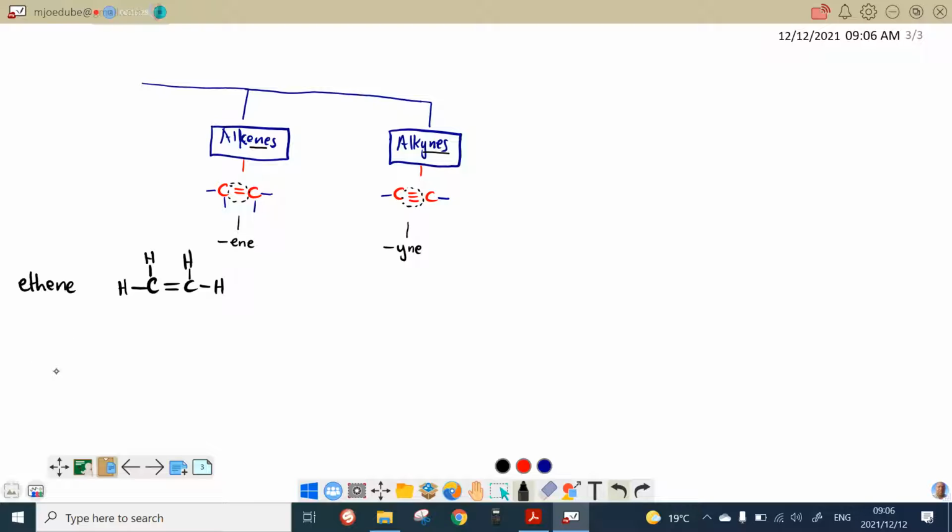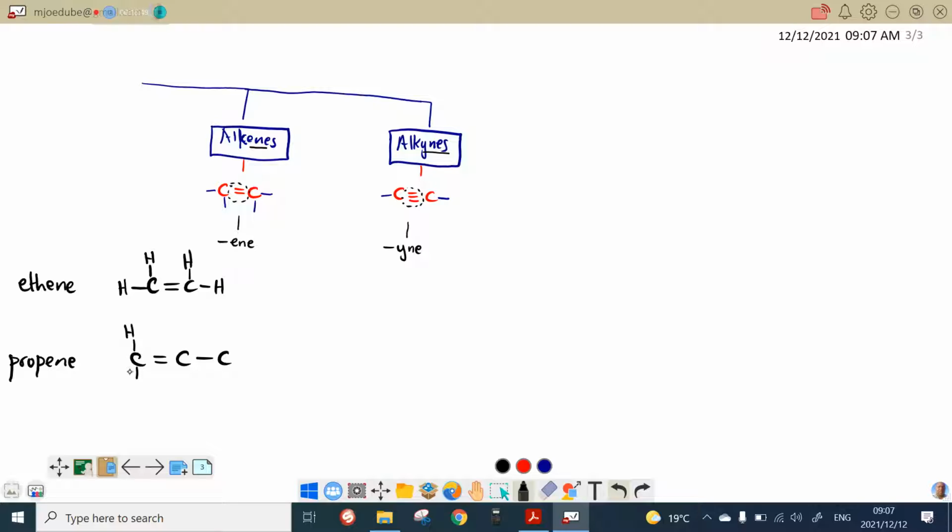And then the next substance would be your propene. When we look at your propene, we have a carbon and then that. Around each carbon, again, make sure that you have four bonds. 1, 2, 3, 4.